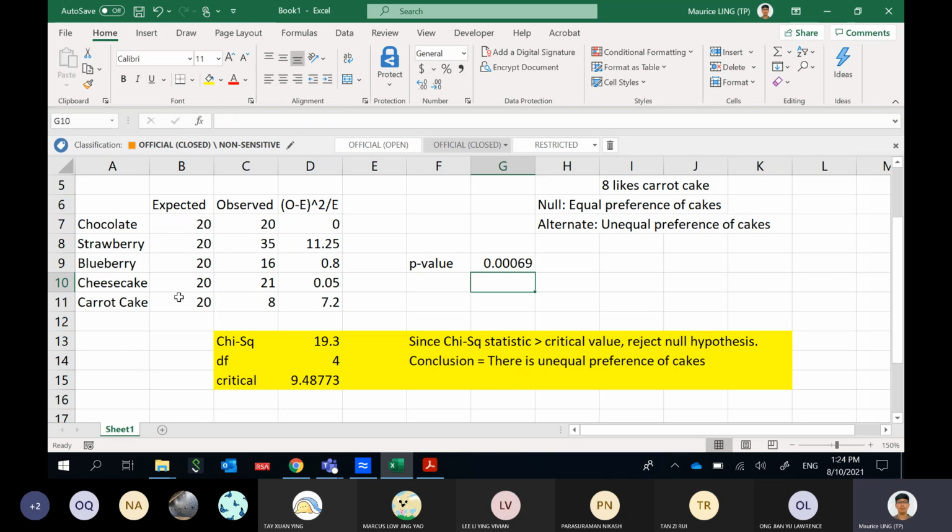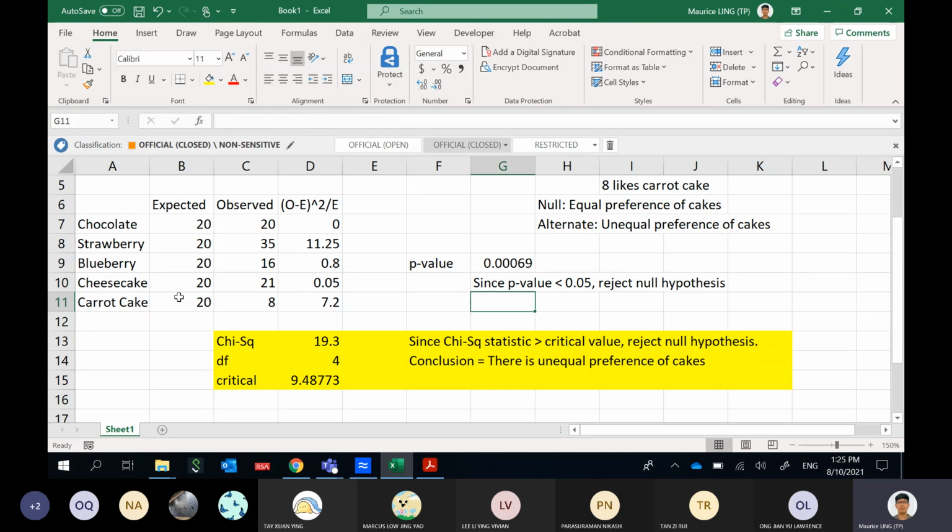So do you accept or reject the null hypothesis here? Is the p-value less than 5% or more than 5%? Less than 5%, right? So say that since the p-value is less than 5%, you also reject your null hypothesis.